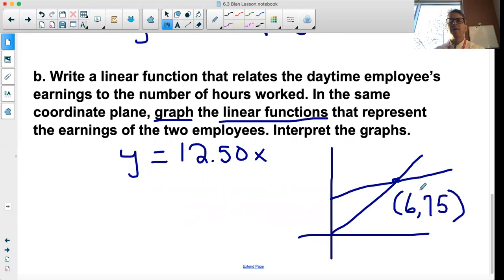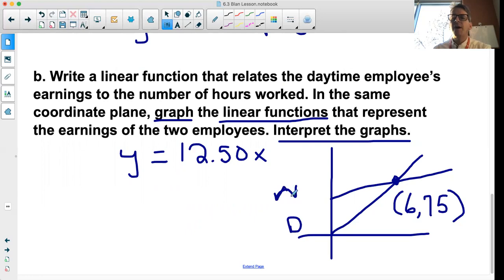Okay, it says let's interpret the graphs. So again, this is nighttime and this is daytime. What this means is after 6 hours, they make the same amount of money. But the daytime employee after 6 hours starts making quite a bit more money than the nighttime employee.